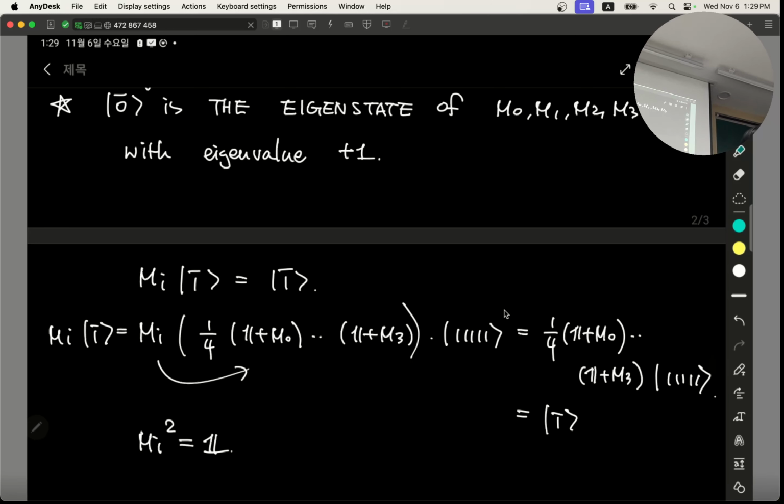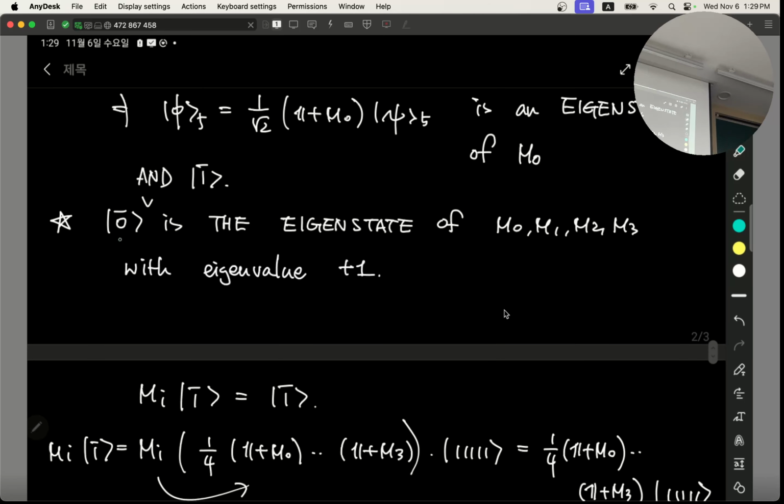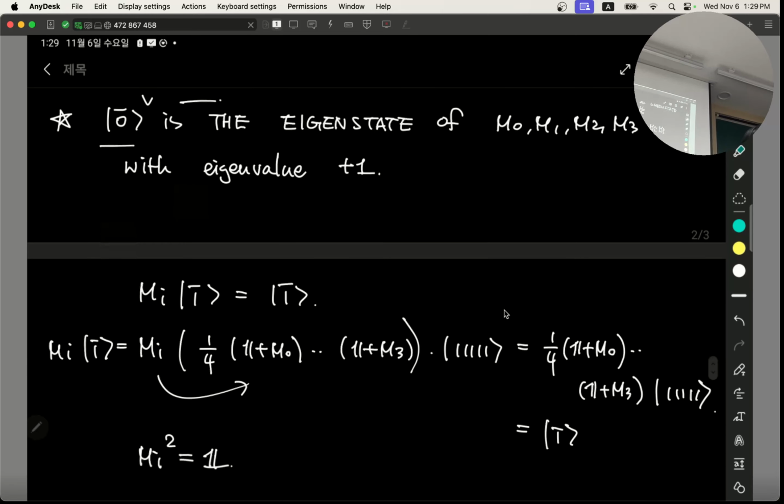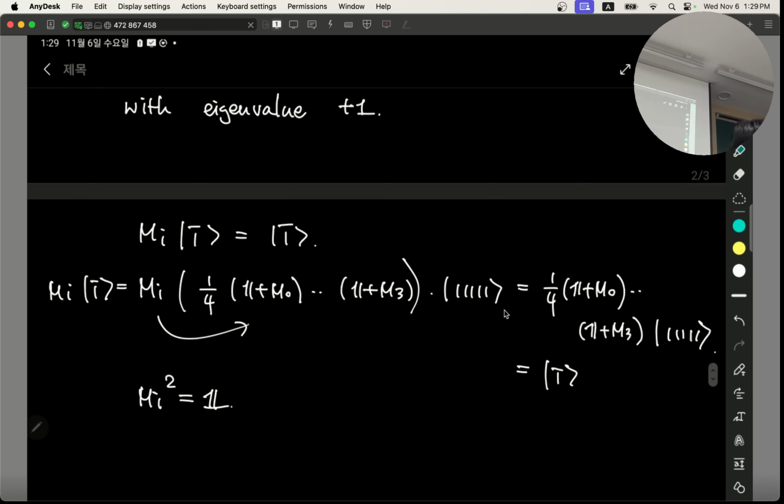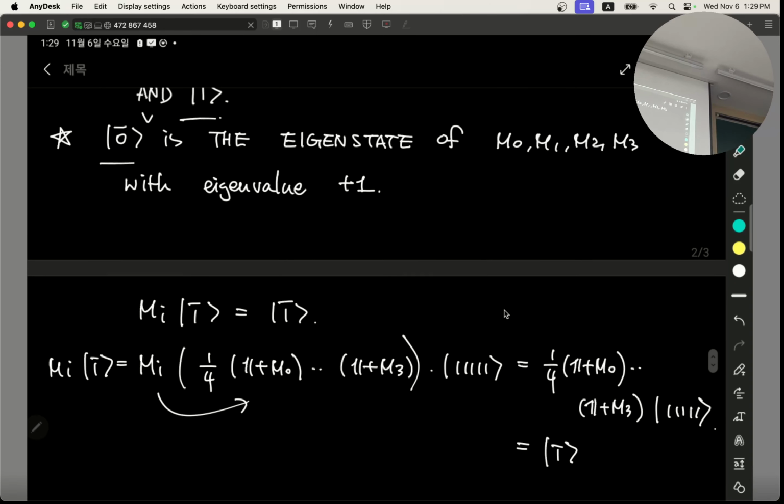These are the eigenvalues corresponding to plus 1, for 0 and 1. And there are also eigenvalues corresponding to minus 1. Okay. Well, that's not really relevant here.